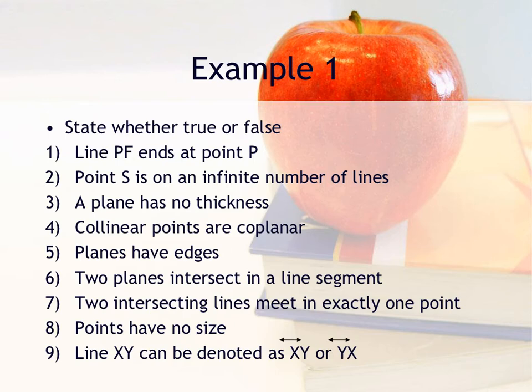So for example, the first one says line PF ends at point P. For this one, maybe it might help me if I draw a line. And let's say I put some points on here. So does line PF end at point P? True or false?